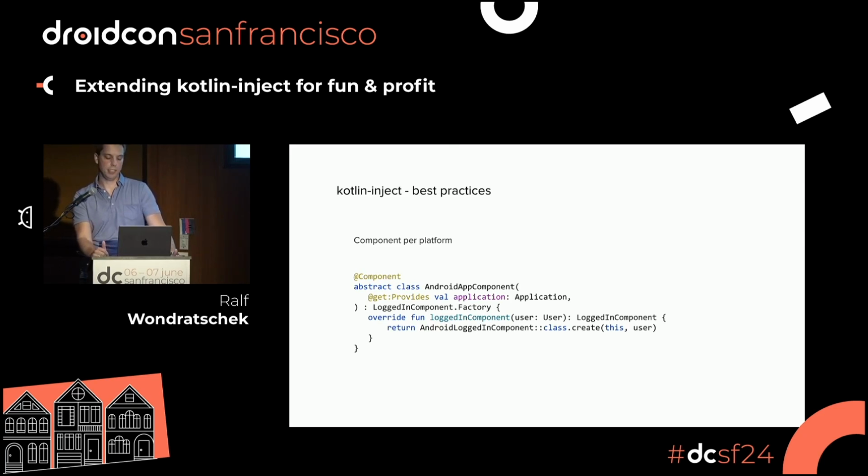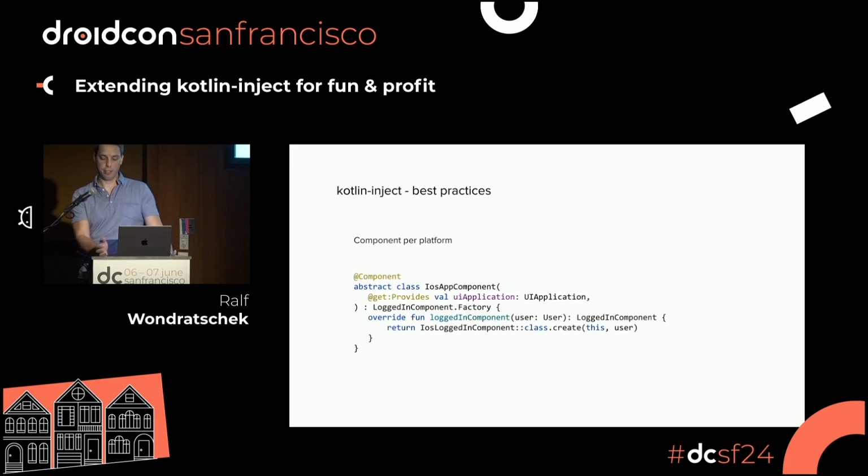And instead of creating expect/actual classes or workarounds like these, it's much easier to create a component per platform. So we provide the application object in our Android app component, and then when Android code gets compiled, it can inject the application class like you would expect. And it's not somehow polluting the common code.